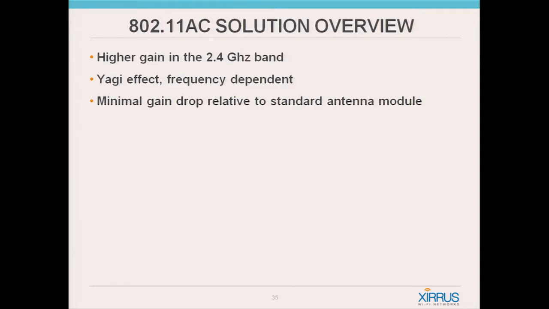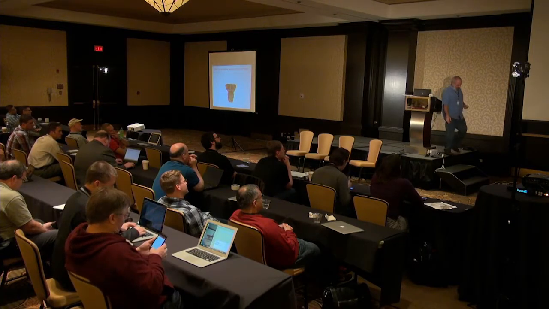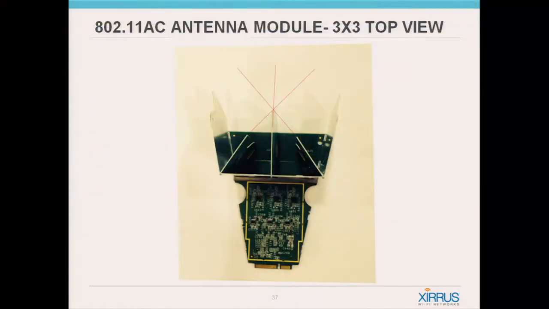So for the 11AC design, one of the issues is at 2.4, because the reflector is small, it was very difficult to achieve enough gain. At 2.4, 5 gigahertz was pretty good. So this is the antenna element, at least one of the antenna elements. But overall, what I'm doing is I create what we call a Yagi effect.